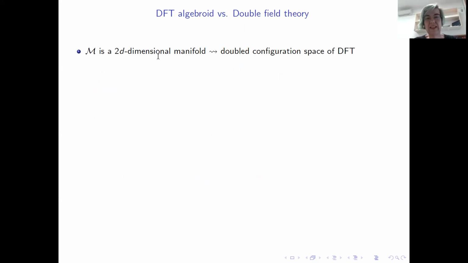So let's say this manifold represents the double configuration space of double field theory. Fine. Then what I'm claiming is that the bracket on the bundle in the definition of a DFT algebroid is actually the C-bracket of double field theory.